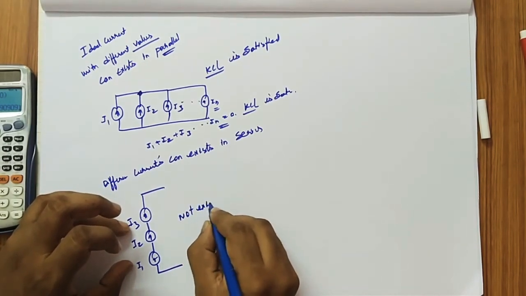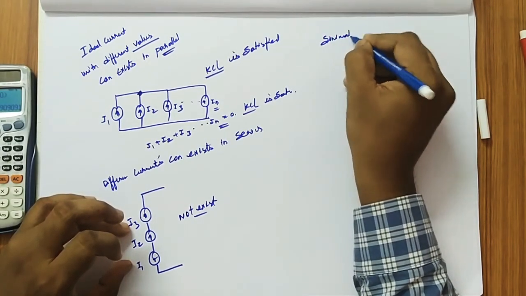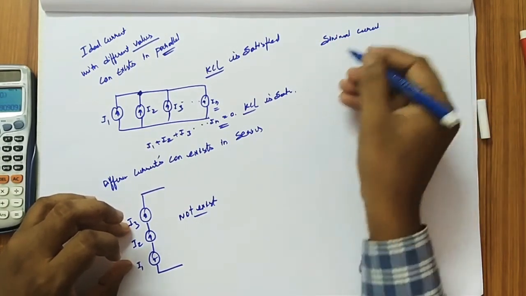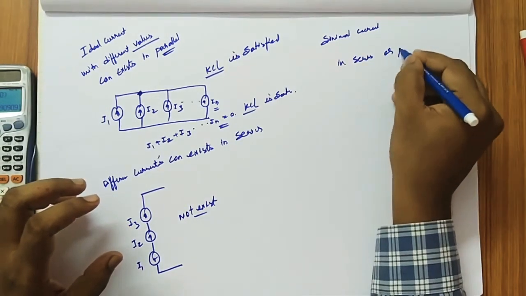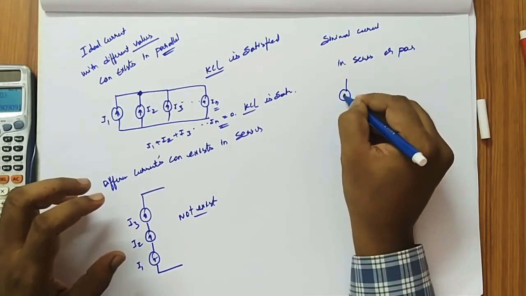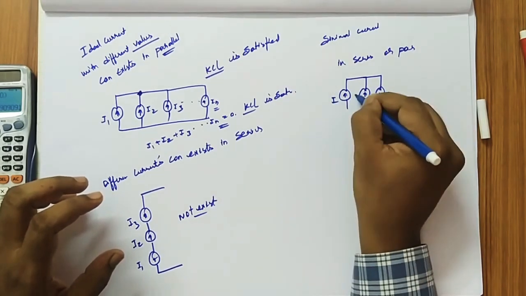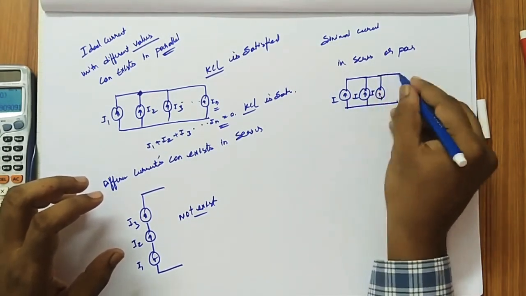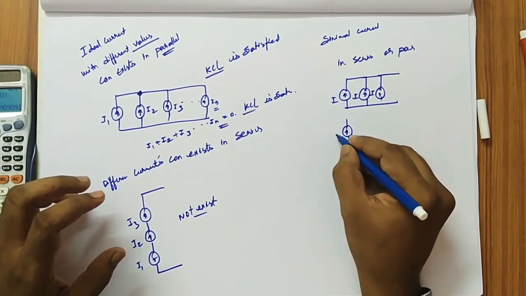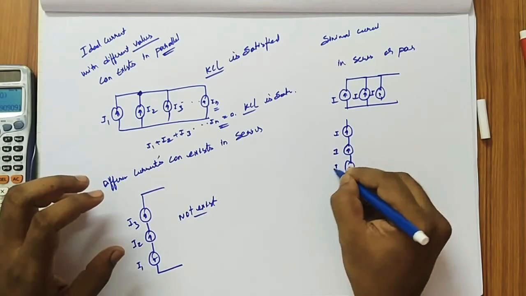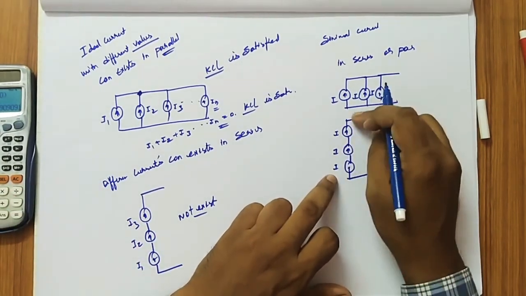If you take similar currents, they can exist in series or parallel. Same current sources can be connected in series or in parallel. You have to observe this. In the same loop, with equal current, one current will flow.